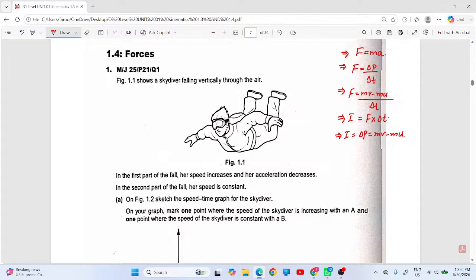Question number 1. Figure 1.1 shows a skydiver falling vertically through air. In the first part of the fall, her speed increases and her acceleration decreases. In the second part of the fall, her speed is constant.